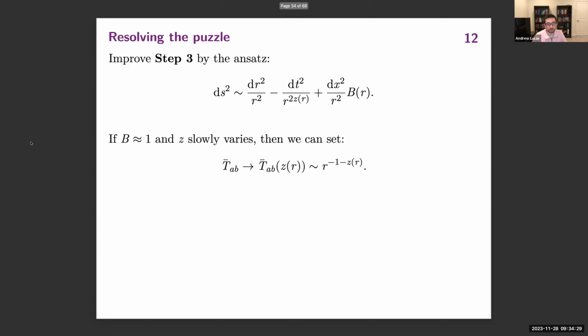So at each scale R, we can focus on particular scalar modes. Those scalar modes see an approximate Lifshitz geometry with a constant Z. So we can evaluate the stress tensor in that Lifshitz geometry with constant Z and solve self-consistently the Einstein equations with this type of perturbation. Okay.